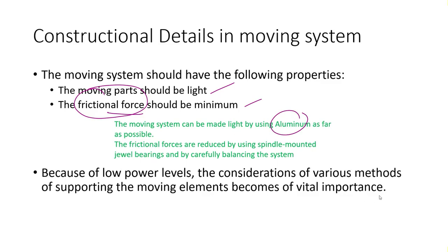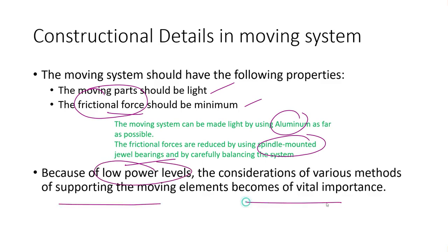The frictional force can be reduced by the spindles and jewel bearing. So these are used for such activities, and we use many methods for supporting the movement because this is more important. So we want low power and good support for a good instrument.